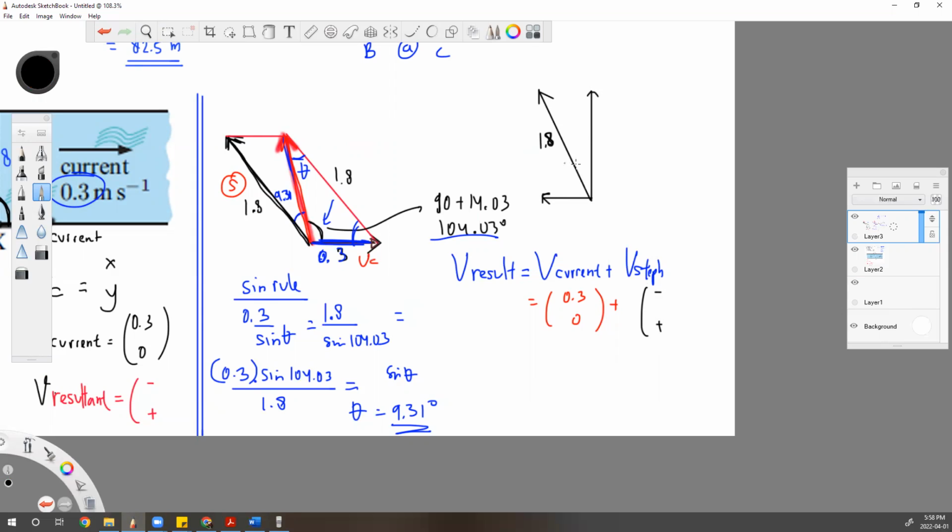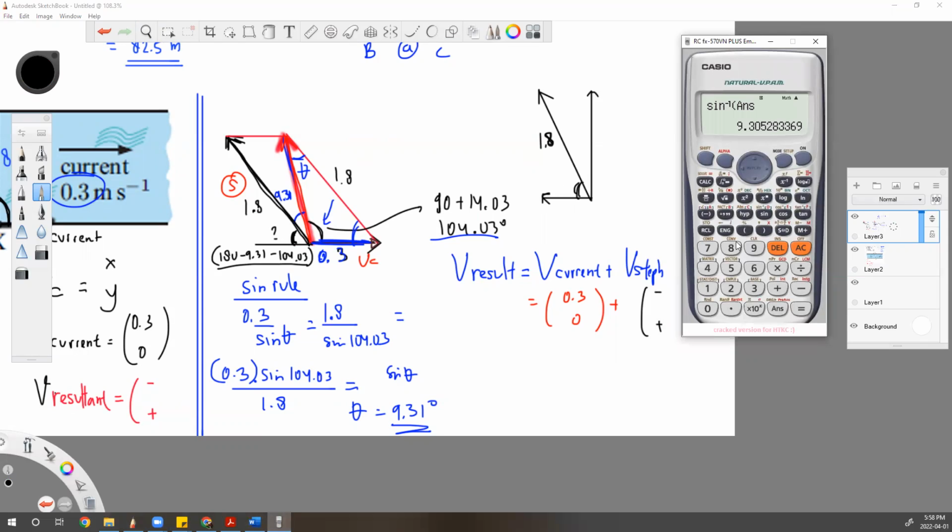How do you calculate this angle? It is 180 minus 9.31 minus 104.03. You calculate it because we are finding the angle with the horizontal, the x-axis, first. 180 subtract 9.31 subtract 104.03. The answer is 66.66.